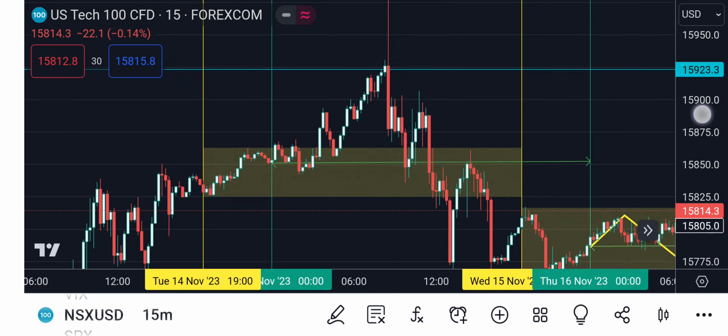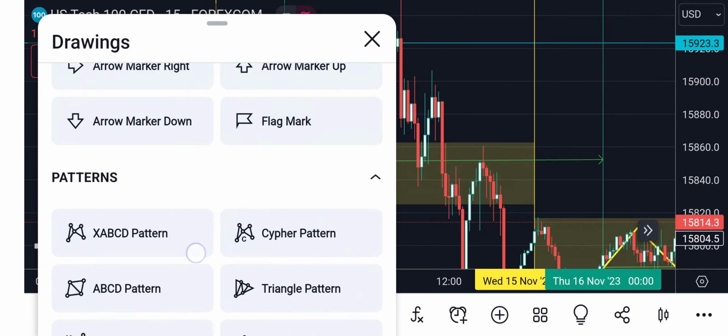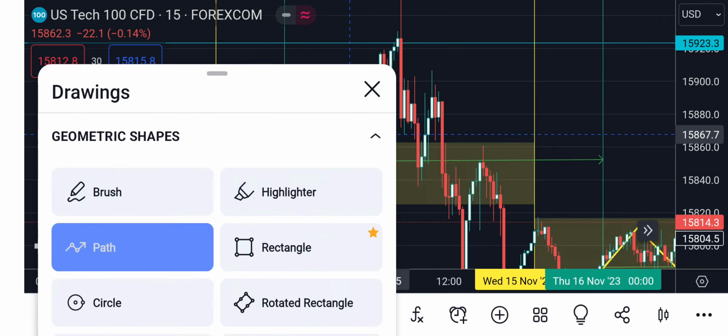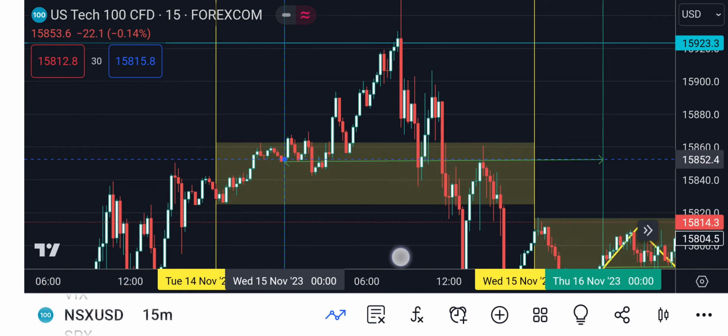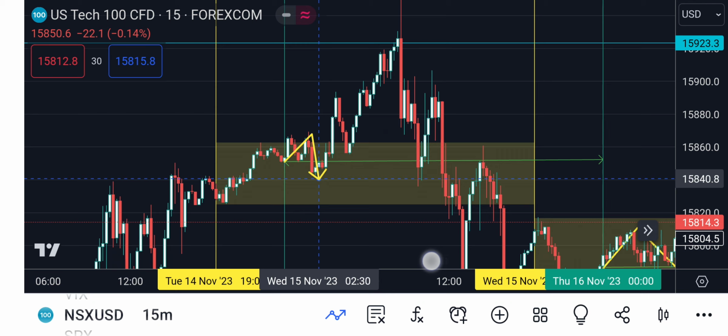Same thing happened here on this day. I'm gonna show you. It wasn't really trending, but it's similar to what's happening. So this is the opening, breaks to the upside, confirming a continuation, comes back here.